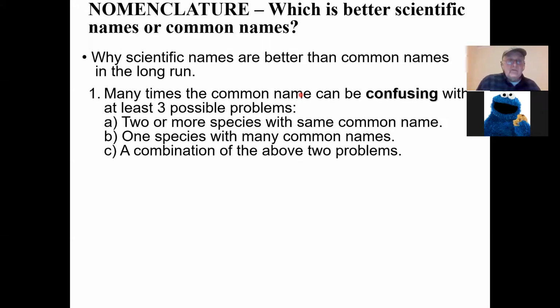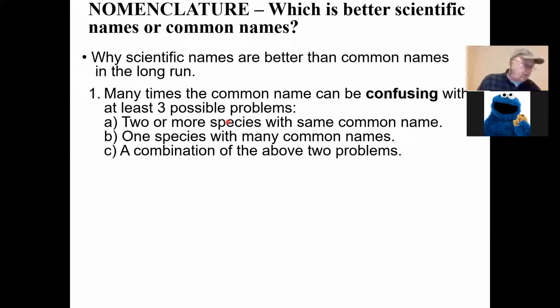All right, this is getting at the heart of the problem. There are three possible problems associated with common name usage that cause confusion. The first is two or more species with the same common name. Think about this: Spanish moss, reindeer moss, Irish moss, haircap moss all have very little in common.